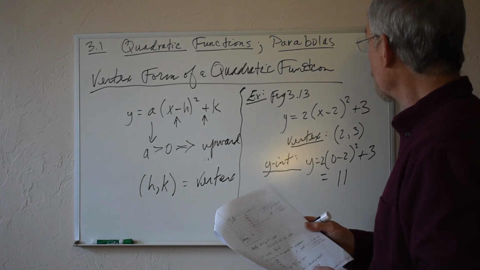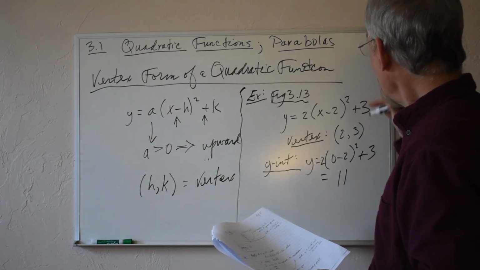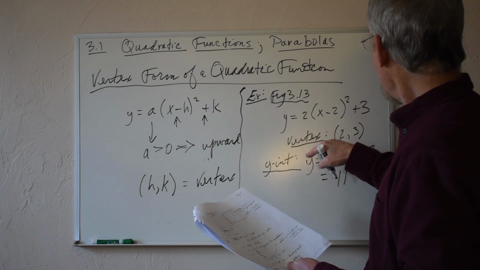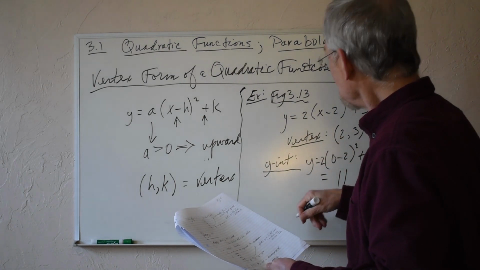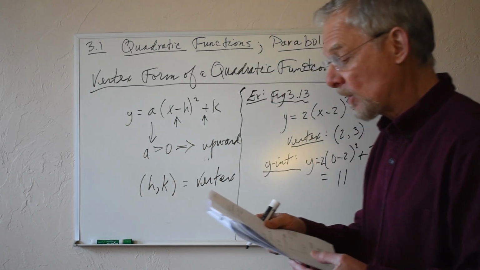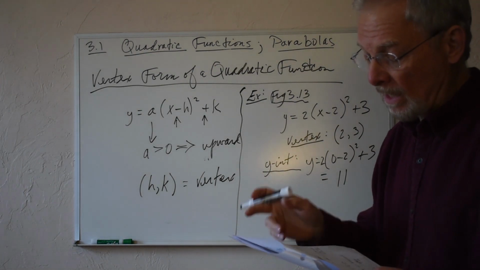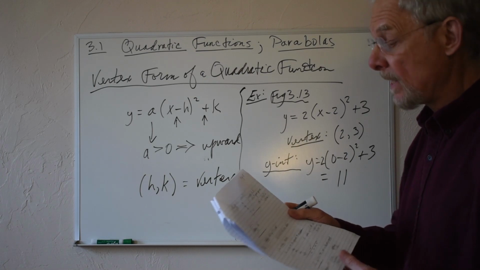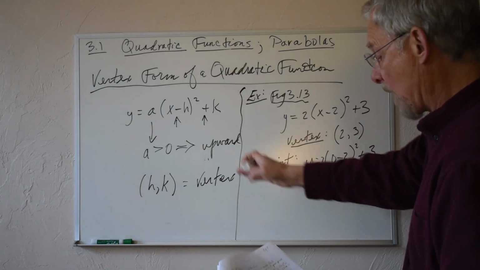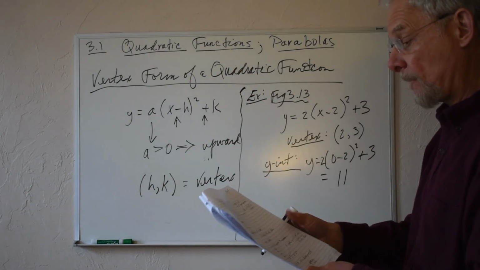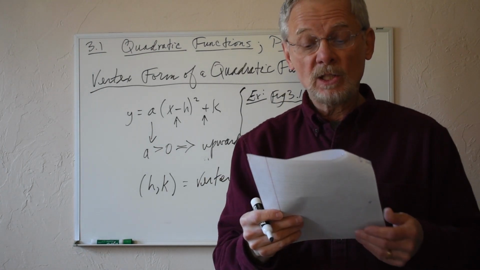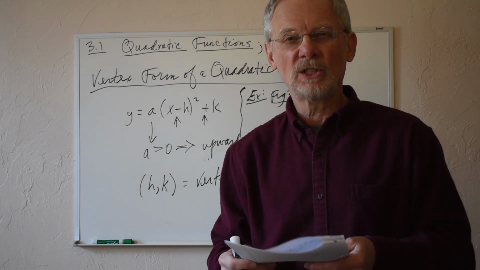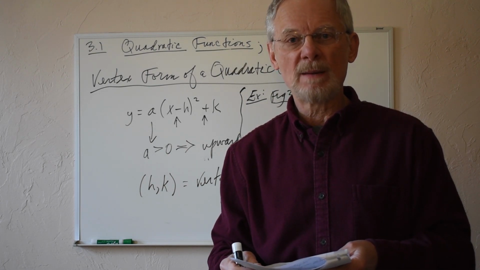So there in figure 3.13, you can locate all those points, the y-intercept, the vertex. I wouldn't bother with x-intercepts at this point. In fact, this particular parabola does not hit the x-axis, if you notice. It's a parabola that opens upwards. Okay, at this point, do number 22 on page 177, and we'll be right back.